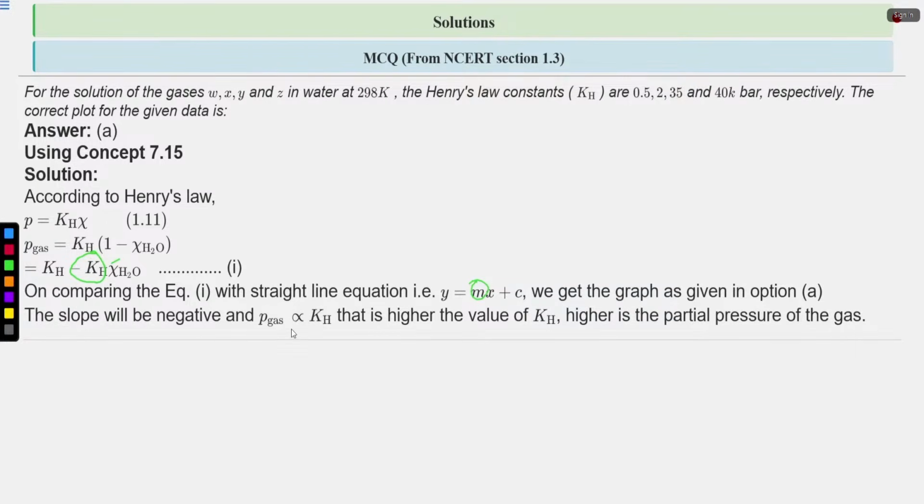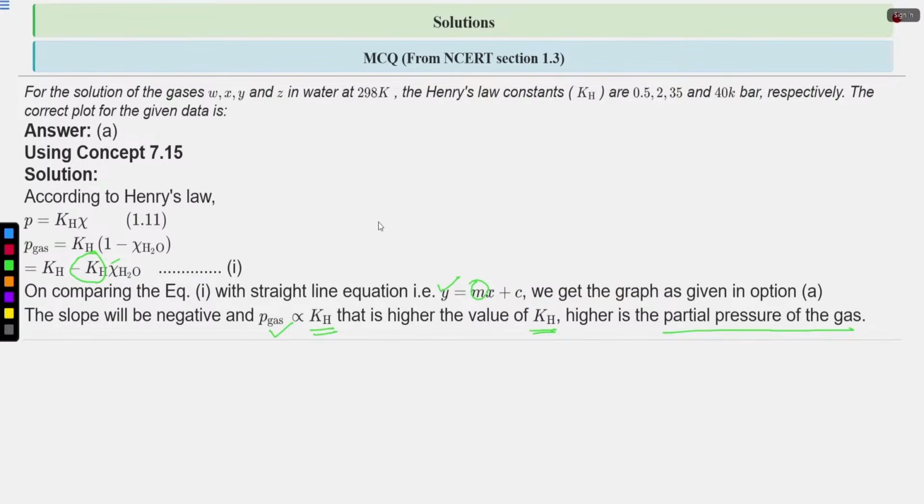So when the slope is negative, the partial pressure, or I can say the P of the gas, is directly related to KH. Its value depends upon the KH value. That means the higher the value of KH, the higher will be the partial pressure of the gas. We have already been given the KH values. You can arrange the W, X, Y, and Z partial pressures on the y-axis as per the Henry's law constant, and then relate the first equation with the straight line equation and relate the slope.